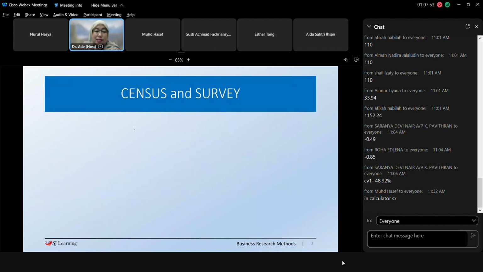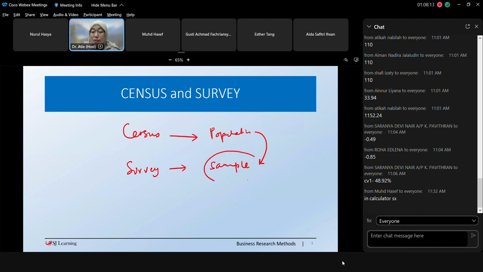So census is for the population and survey is for the sample. The process of taking a sample from the population, we call sampling. So is everybody clear?